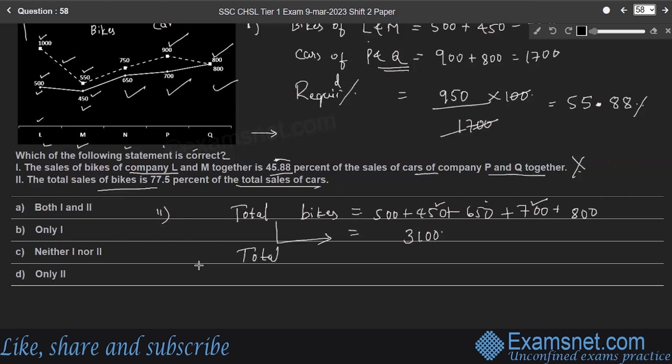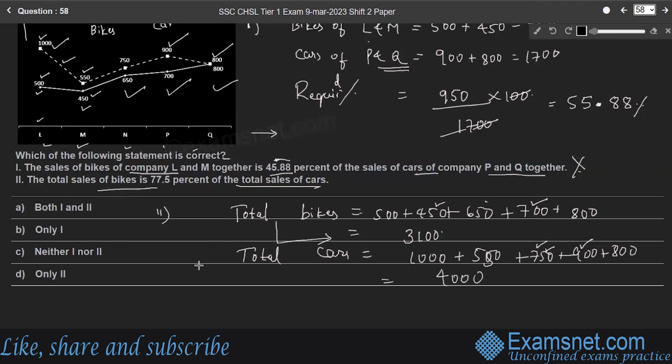Whereas total cars is equal to 1000 cars sold by company L plus 550 by company M, plus 750 plus 900 plus 800. Which is 1550, 1600, 2300, 3200, 4000.